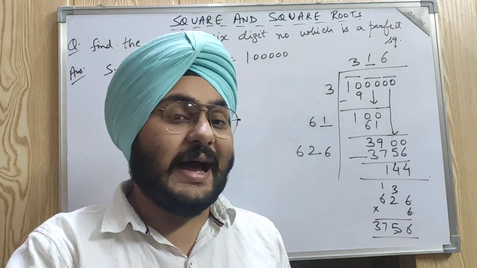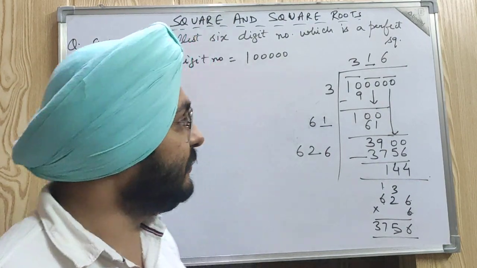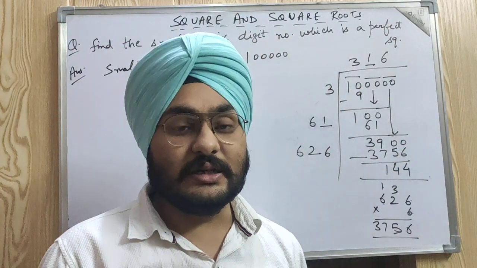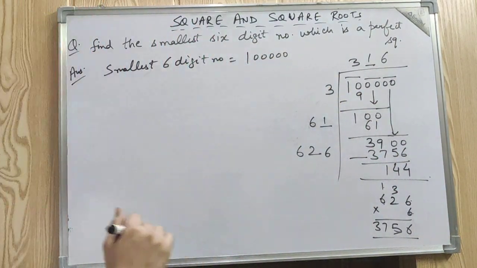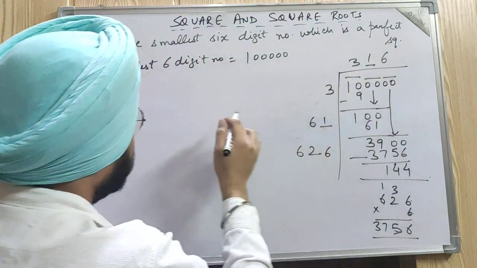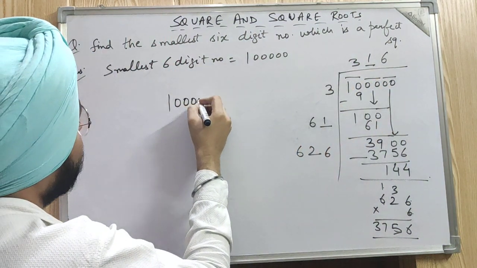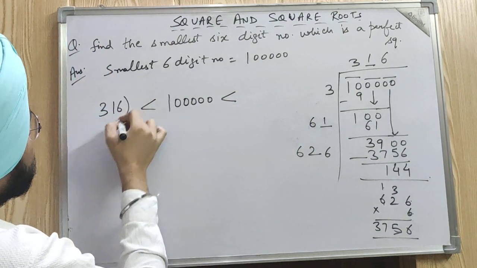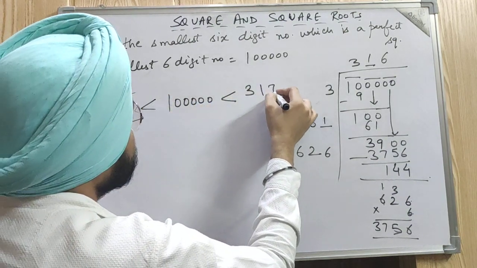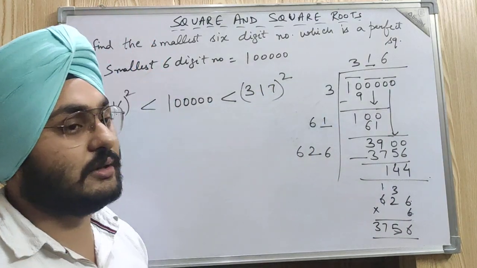But on adding something, it will remain a 6-digit number. So it's purely the case of addition here. So how have we done the addition? I have taken this number 2, 3, 4, 5, and this number lies between 316 square and 317 square here. Yes or no?